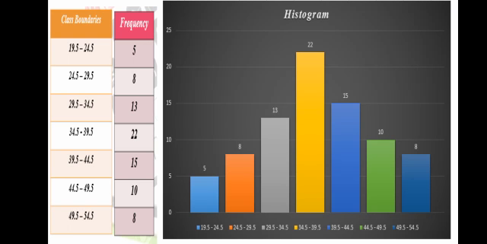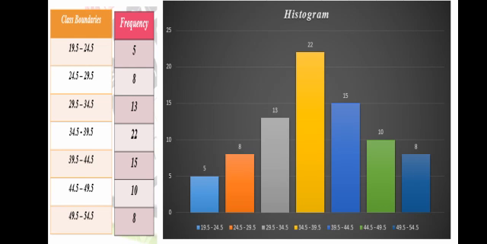For making a histogram, the class boundaries will come along the x-axis, in the horizontal position, and frequency will be placed along the y-axis, in the vertical position. Placing frequency along the y-axis, as the maximum number in the frequency column is 22, we take a distance of 5, so the numbers will be 0, 5, 10, 15, 20 and 25.